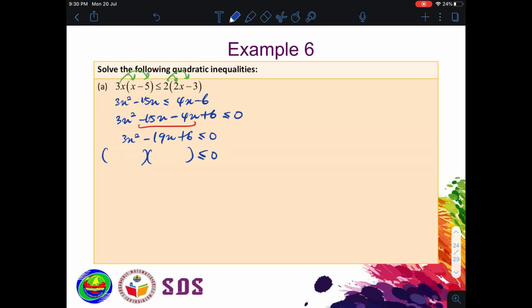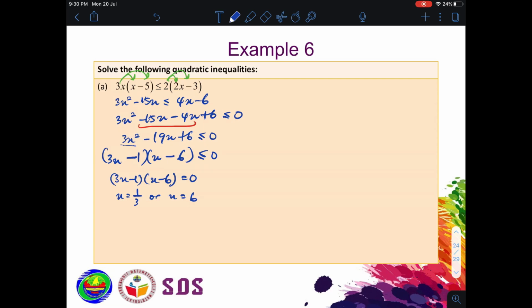It gives us 3x and x, so we get 3x squared, and 1 times 6, therefore negative 18 minus 1, which is negative 19x. If we make this an equation equal to 0, we get the values of x: x equals 1 over 3 or x equals 6.